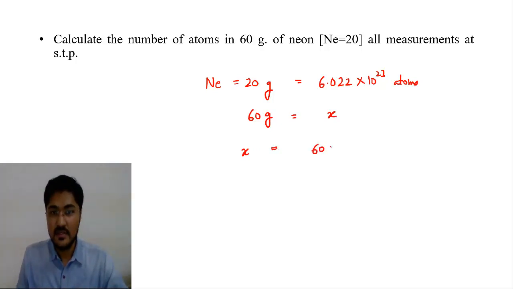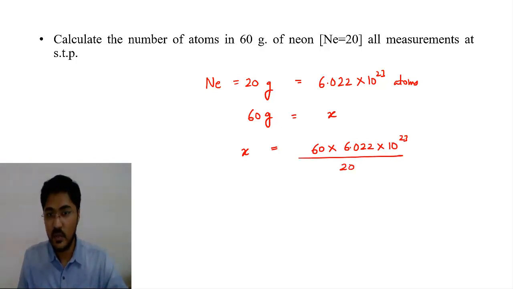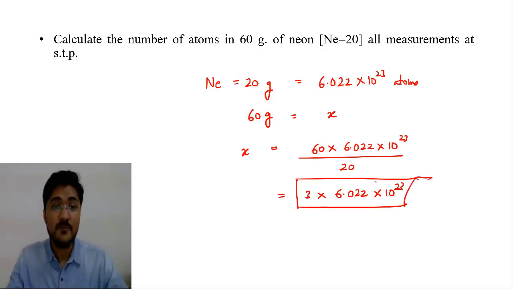So 60 into 6.022 into 10 raised to 23 divided by 20. The final answer that you get is 3 into 6.022 into 10 raised to 23 atoms. I hope guys you understand where did you make a mistake and rectify it.